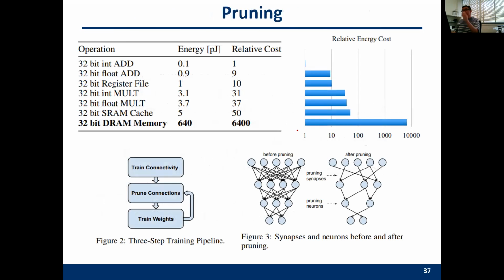You can see from this figure, this is the energy consumption comparison between the addition, the read operation from the register file, and the read operation from DRAM. You can see that the DRAM read operation consumes a lot of energy. If you have a lot of weights, you will have a lot of memory access and a lot of computation here.